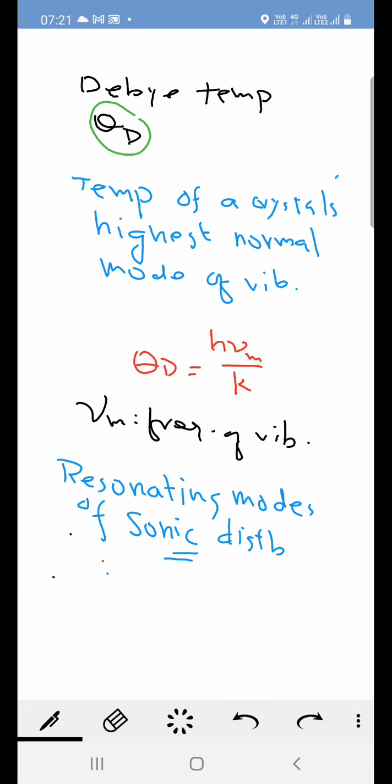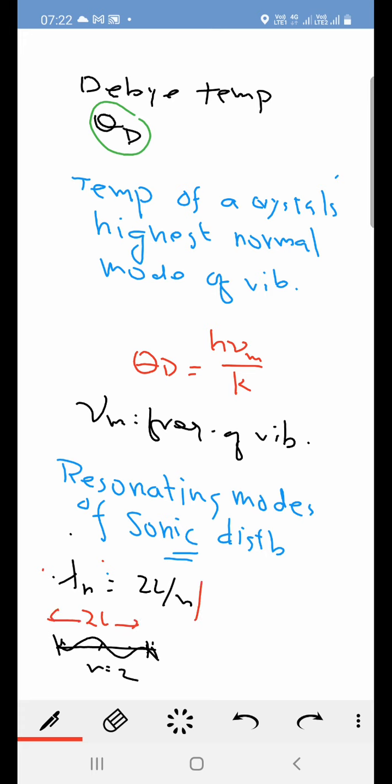The wavelength associated with these sonic vibrations we give as lambda n, where n is a number of nodes. If we just put a string between two clamps, n stands for the number of waves created, so n is 1 here, and n is 2 similarly. So lambda n is 2L by n for the standing waves between two clamped ends, where 2L is this distance.